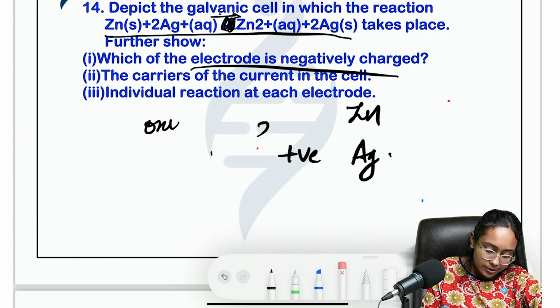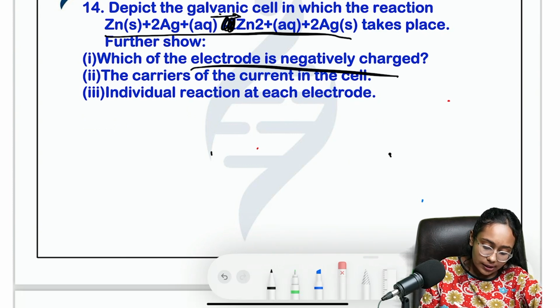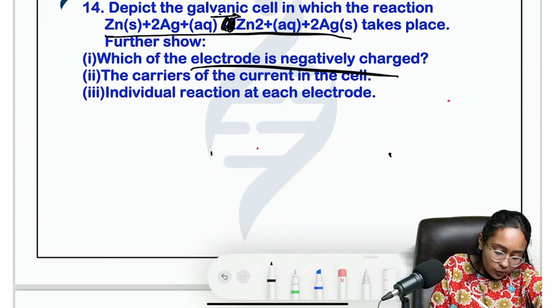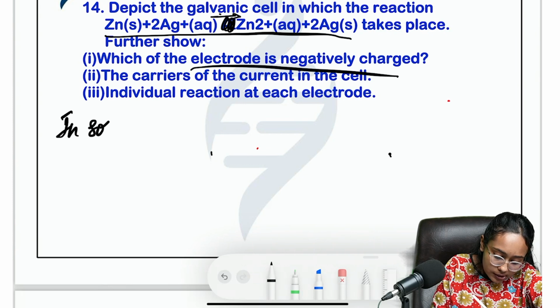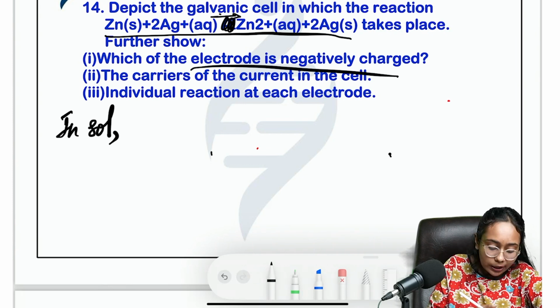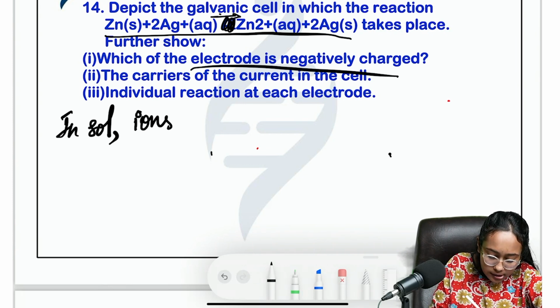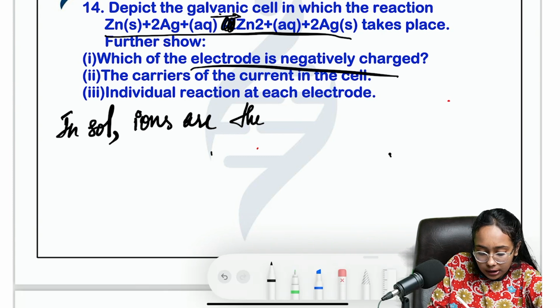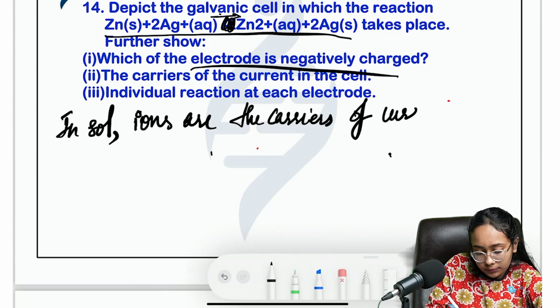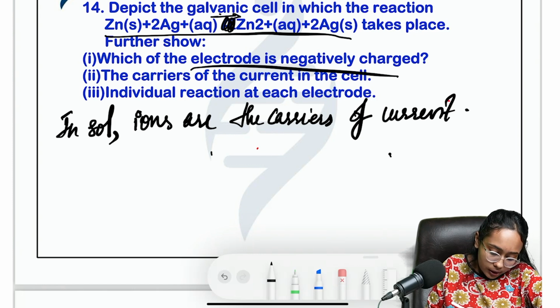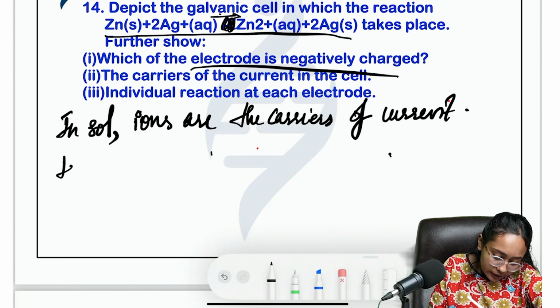The second sub-question is the carriers of current in the cell. So in the solution, in the electrolyte, ions are the carriers of current. Now in the wire, which wire?